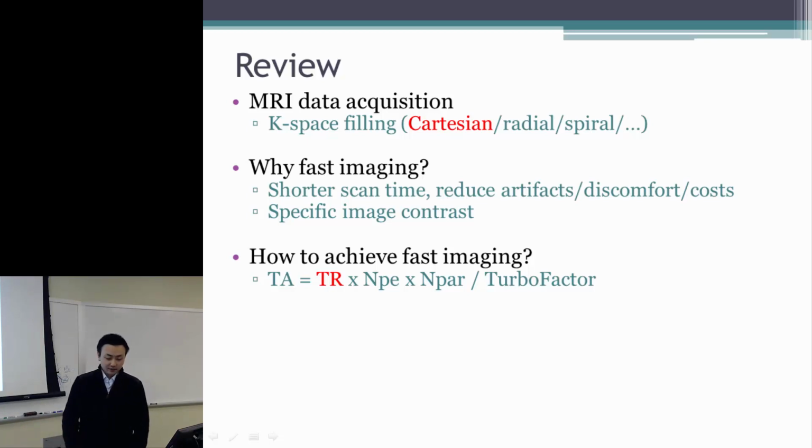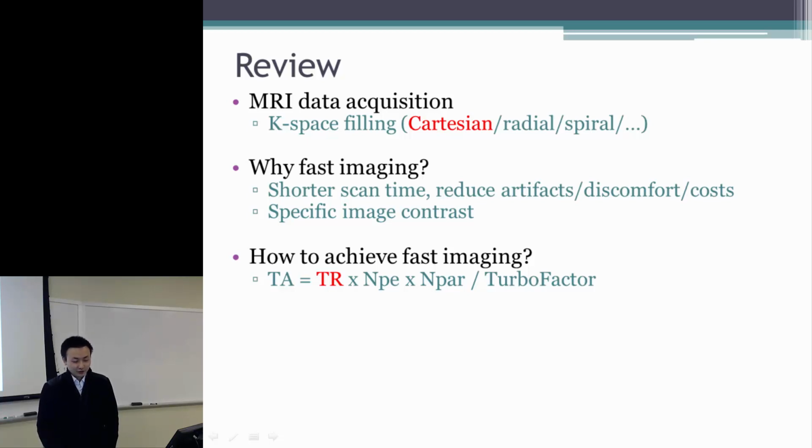The total acquisition time is proportional to the TR, the repetition time between two excitation pulses, multiplied by the number of phase encodings, and in the case of 3D imaging, the number of partition encodings. There is also a turbo factor, which is not introduced in the book, because back then there were fewer choices of fast imaging techniques.